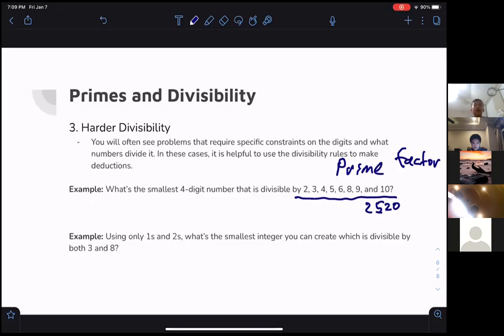And then I just divide it by 7 to get 360. So it's the smallest number that's divisible by all of these. And then I just multiply it by 3 to get 1080.